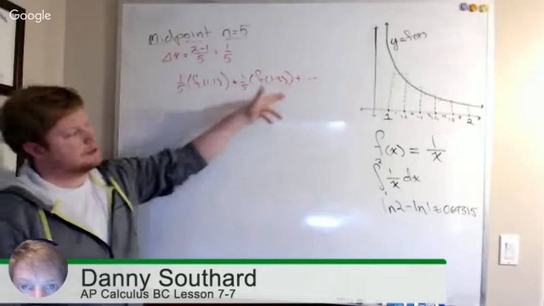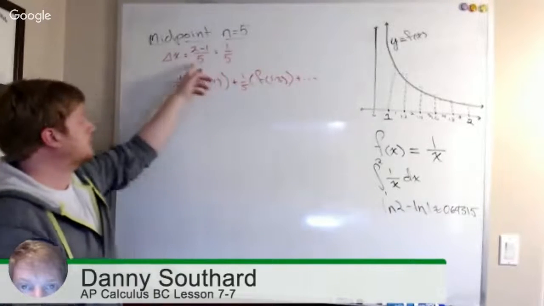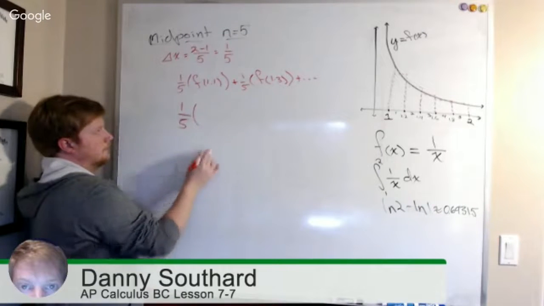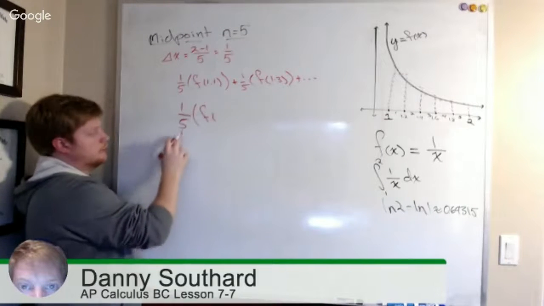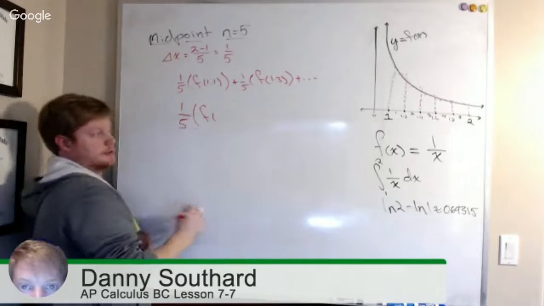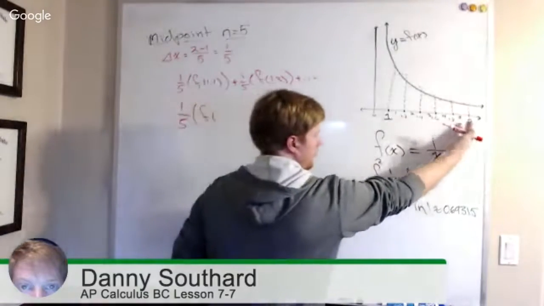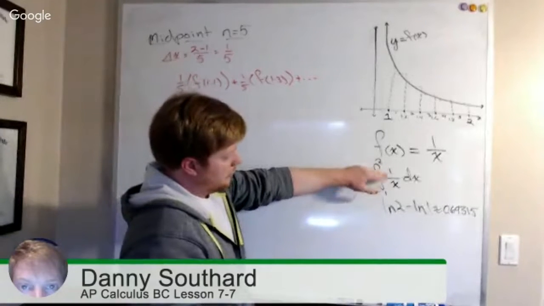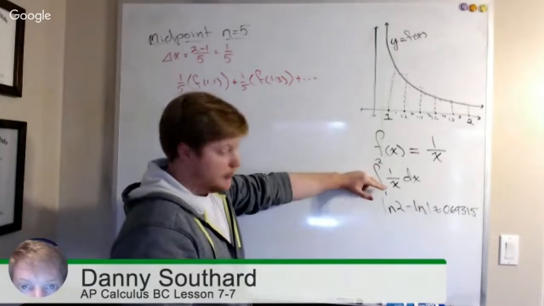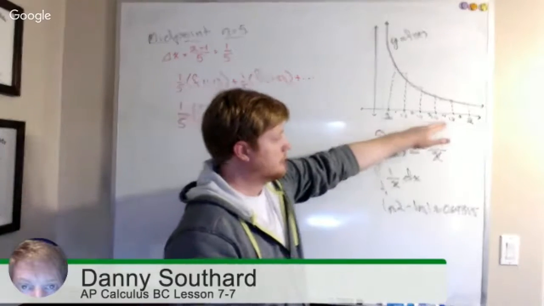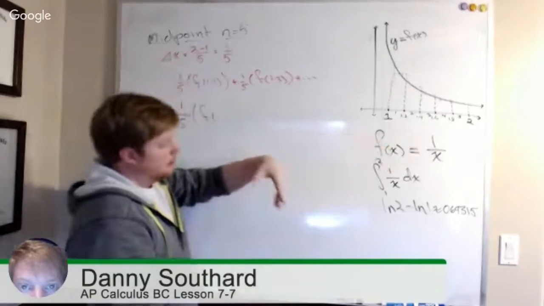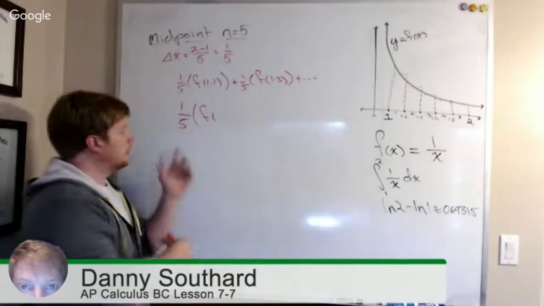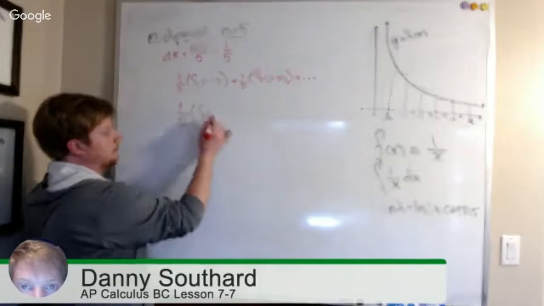You can see that every one of these terms is going to have a factor of delta x in it. So I'm really just saying 1/5 times the sum of all of these midpoint values, which can be easily determined on your calculator if you type 1/x into y equals, and then set your table up to give you those values. Then you could use your calculator to add those values up, and then multiply by 1/5.